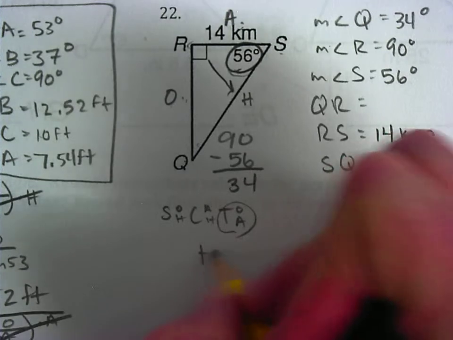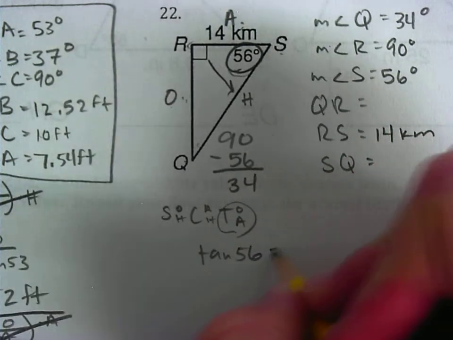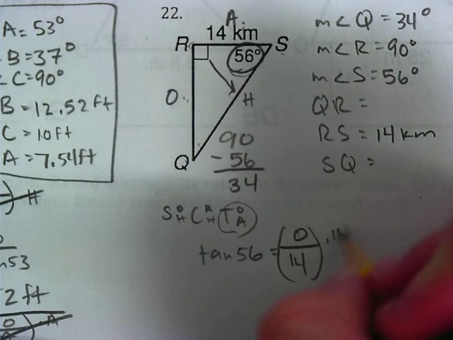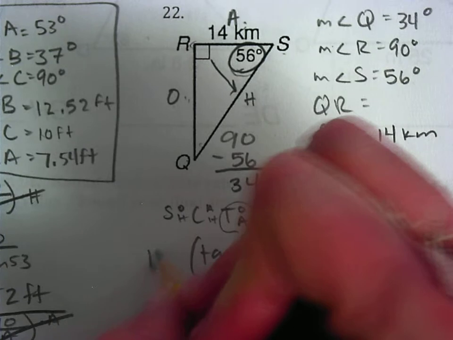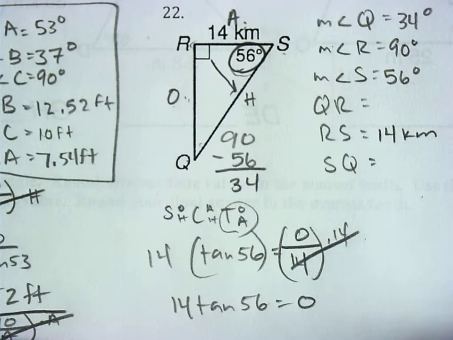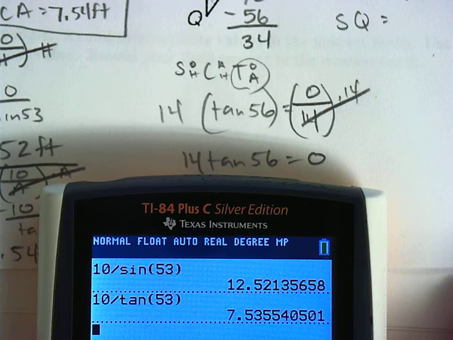Tangent of 56 equals opposite, or O, over adjacent, 14. I'm just going to times by 14 on both sides. And look, O is alone now, so just type that exactly into the calculator.